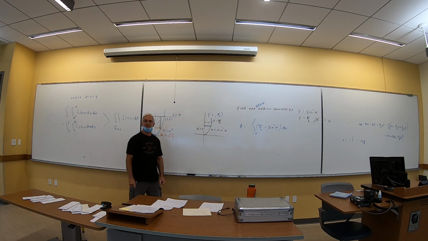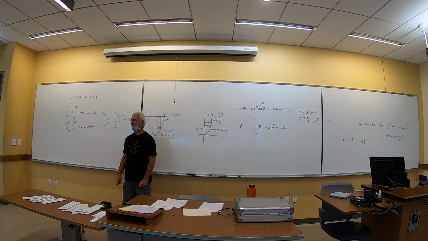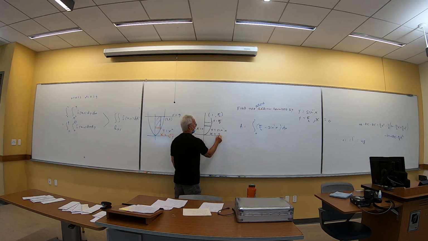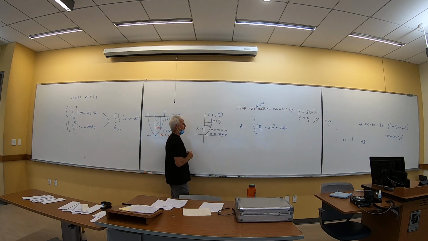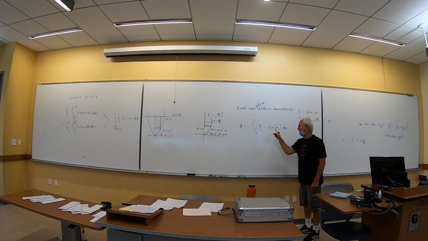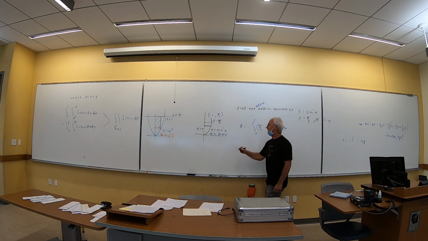What if we did it that way? What if I do it horizontally, integrating with respect to y? Then instead of y equals inverse sine of x, I'd have x equals sine of y. This is absolutely correct. We just don't know what to do with that piece. So how about we do it this way?